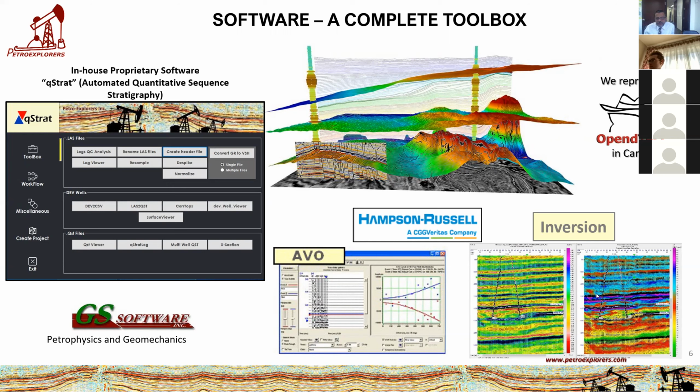For quantitative work, we use Hampson Russell for inversions and AVO. For petrophysics and geomechanics, we use DGS software. In addition, we have started developing what we call the sequence stratigraphy workflow or geological workbench, which will extend and combine with the geophysical workbench on the OpenDetect side.